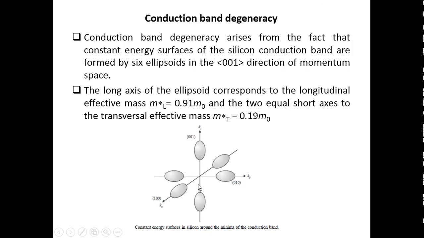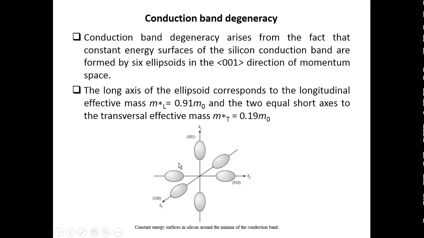So for the 0, 0, 1 direction, the conduction band degeneracy arises from the fact that constant energy surfaces of the silicon conduction band are formed by 6 ellipsoids in the 0, 0, 1 direction.